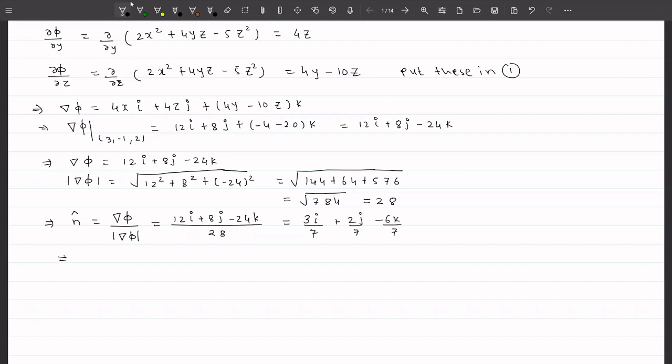So this implies n cap is equal to 1 by 7 (3i + 2j - 6k). So this is the unit normal vector to the surface. Okay, so thank you.